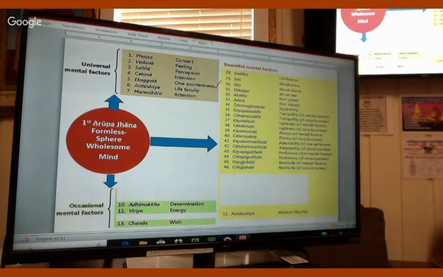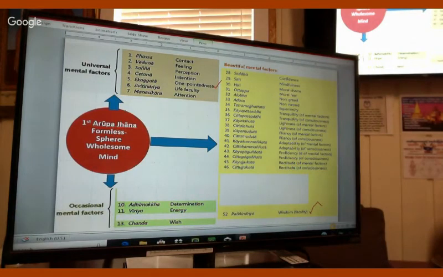Because in the mundane stage, that concentration is the highest one, and it is working with the panya here.